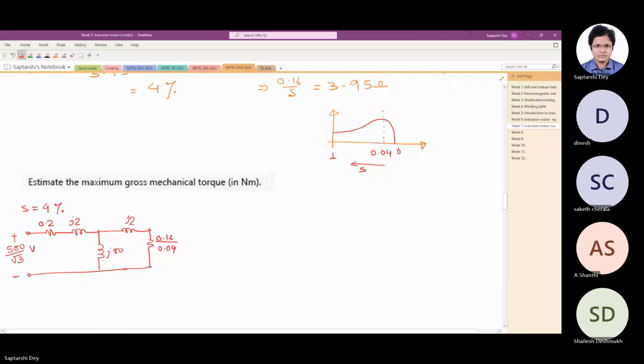So we have to find out the torque. Now, a similar problem we did at the very beginning, where we had to do this at standstill. Now, the only thing is this value has changed. The whole exercise will remain the same.